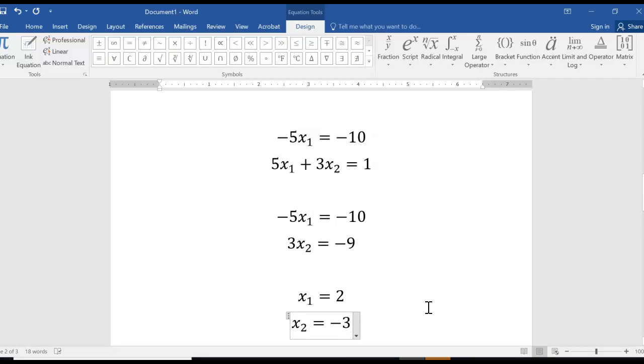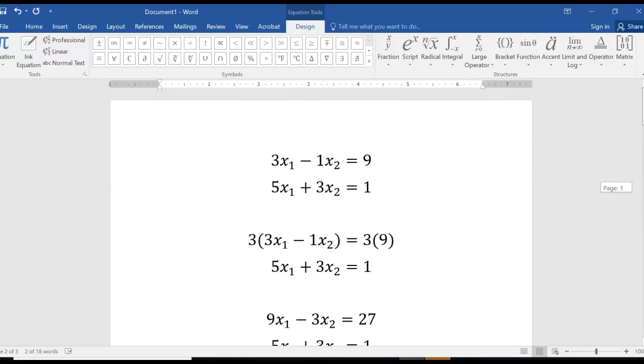And we could check that that solution, that ordered pair 2, -3, actually does in fact satisfy our original problem. Plug in 2 and -3. It should satisfy the first equation. Plug in 2 and -3, and it should satisfy the second equation too.